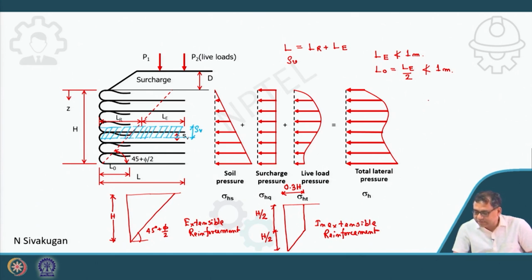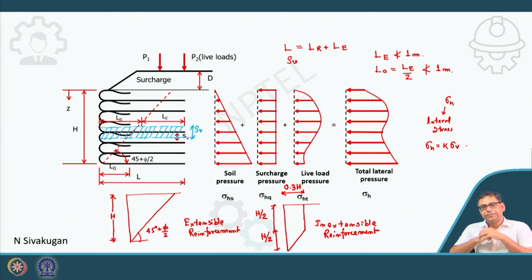So, say the lateral stress is sigma h. Okay. Sigma h is the lateral stress. That means sigma h is simply K into sigma V.